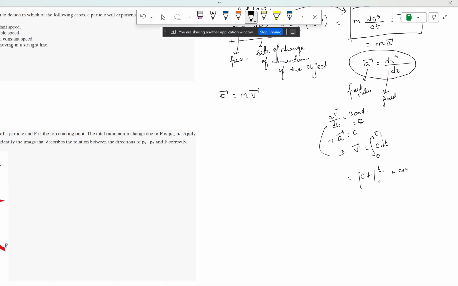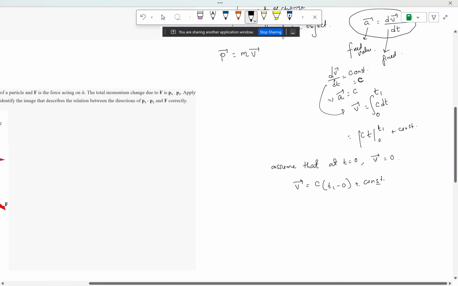some constant. Now if you assume that at t equal to 0, at the starting or initial time, the system did not have any velocity, or it was at rest, that means at t equal to 0, v equal to 0. So when you put that in this equation, this is ct from 0 to t1, that means it is ct1 minus 0 plus constant, right?